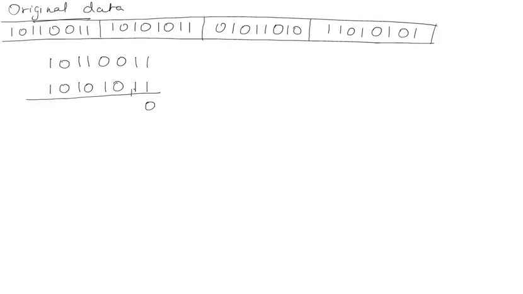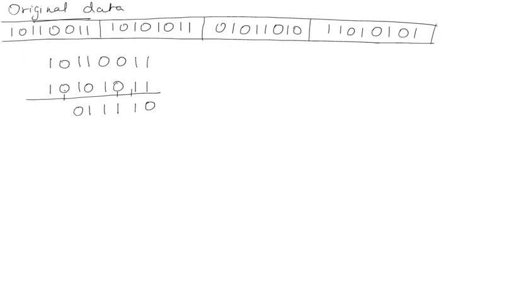Again 1 and 1 is 0 with a carry of 1. Again plus 1, we get 1 with a carry of 1. 0 plus 1 is 1. 1 plus 0 is 1. 1 plus 1 is 0 with a carry of 1.